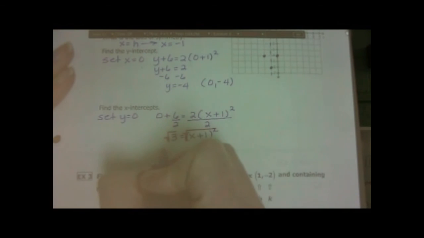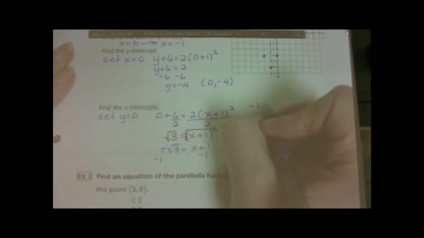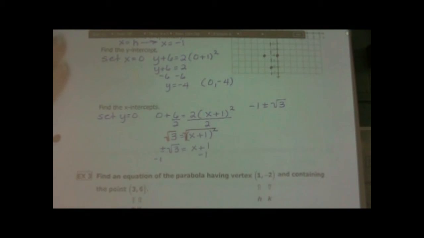That's going to give me two answers. Plus or minus the square root of 3 equals x plus 1. Subtract 1 from both sides, and that will give us -1 plus or minus the square root of 3. All we need to do is put this in decimal form. So -1 plus the square root of 3 gives us 0.73.